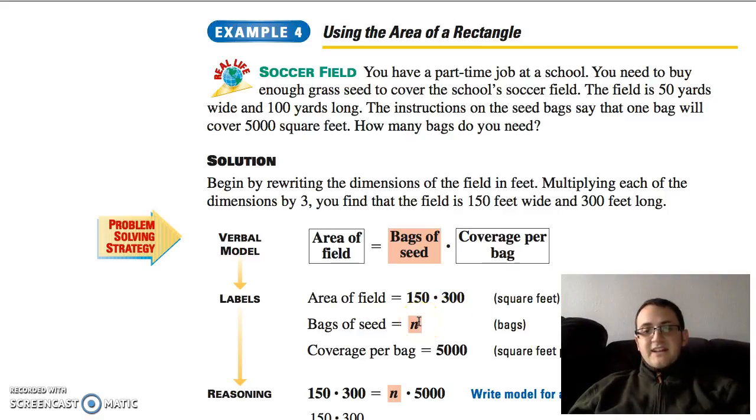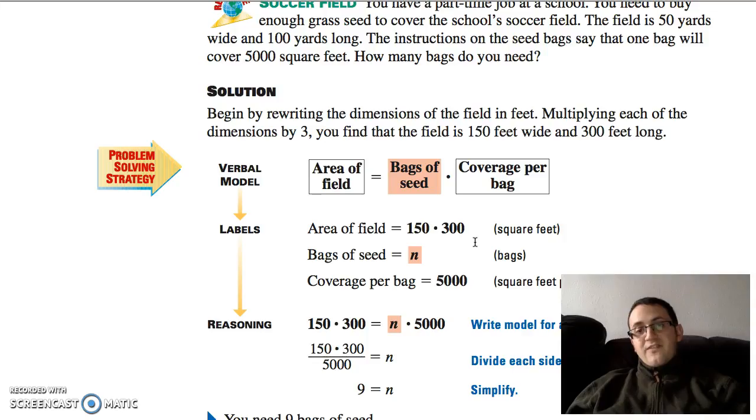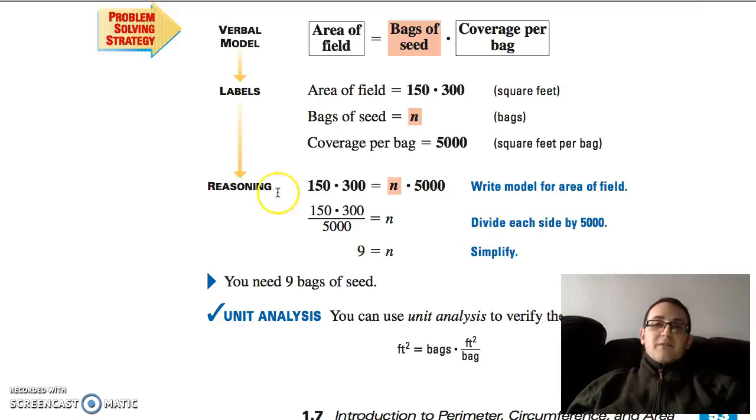And the number of bags of seed times the coverage per bag. We know that each bag covers 5,000 square feet. So my reasoning is that the area of the field, 150 times 300, equals the number of bags times 5,000, and we need to find the number of bags.